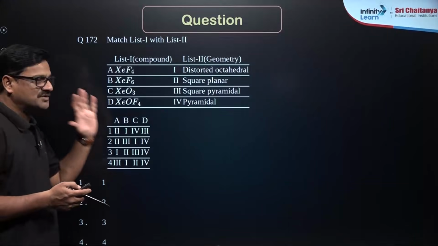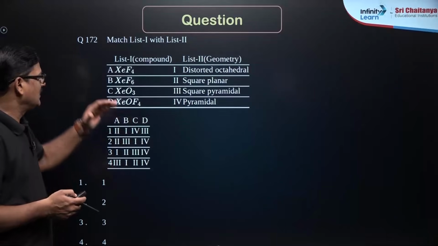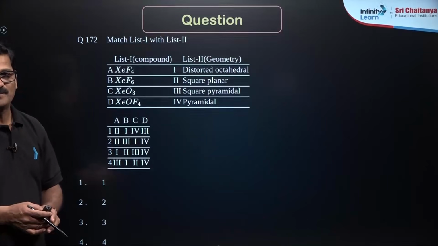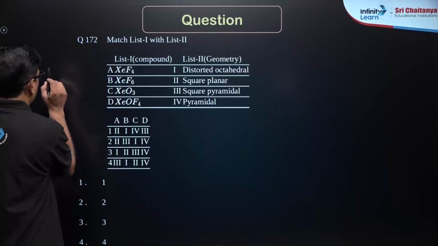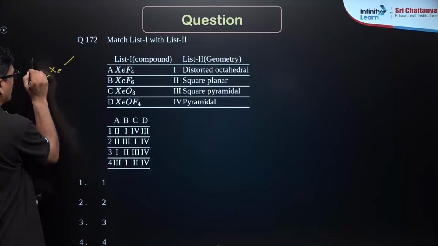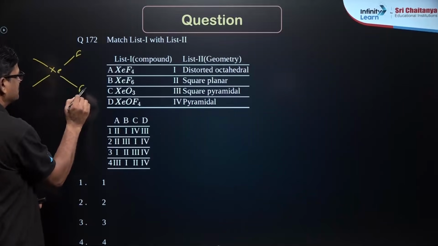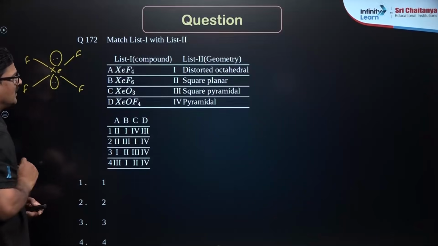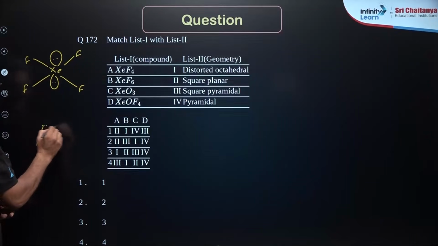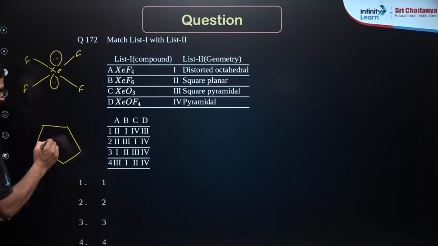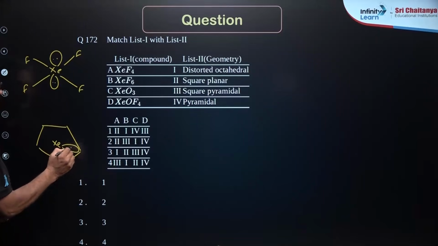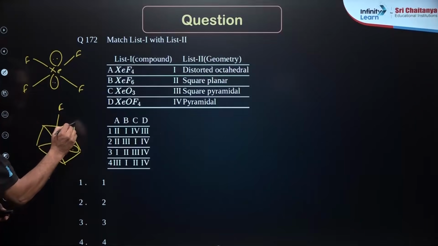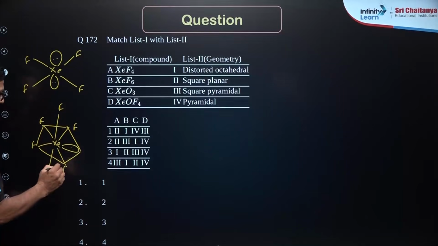So this is the question. Match the following. Xenon compounds are there and their geometries are given. Let us say XeF4, it is going to be square planar. XeF6, you are going to get Xe with a lone pair of electrons, so it is going to be distorted octahedral.